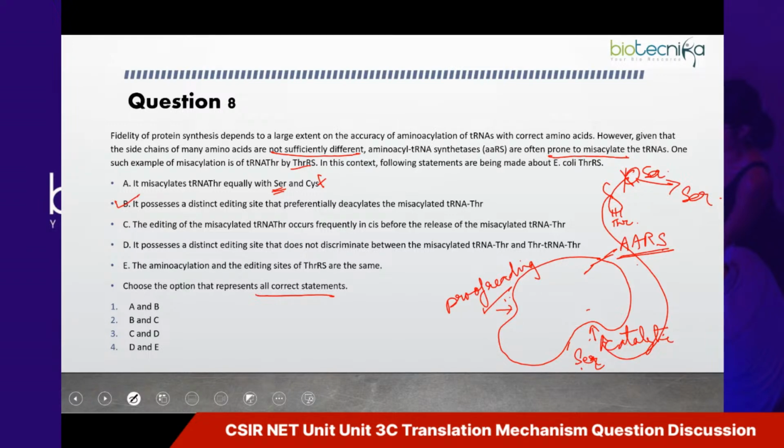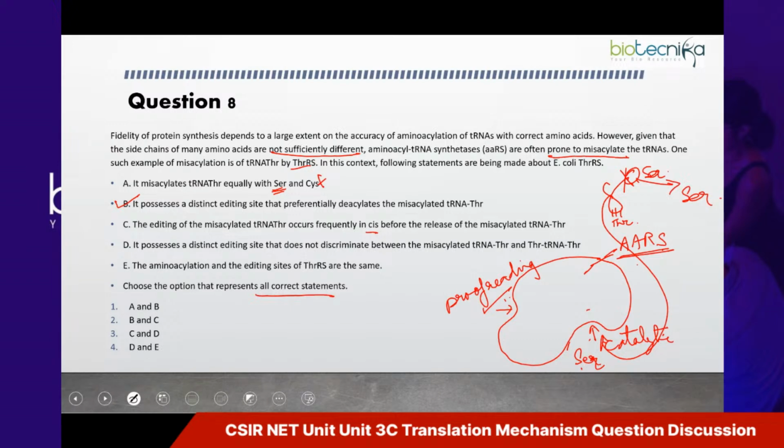Now C: the editing of the misacylated tRNA threonine occurs frequently in cis before the release of the misacylated tRNA threonine. Cis means in the same place. Here we are referring to the aminoacyl tRNA synthetase.